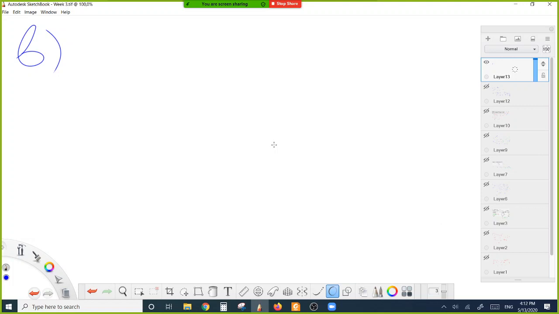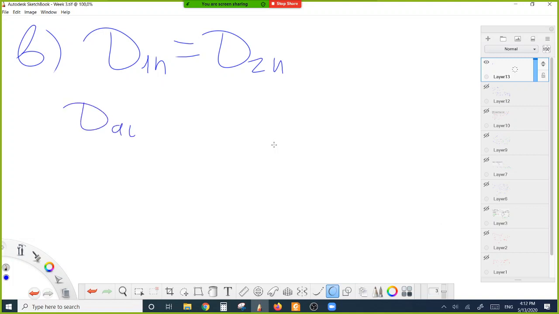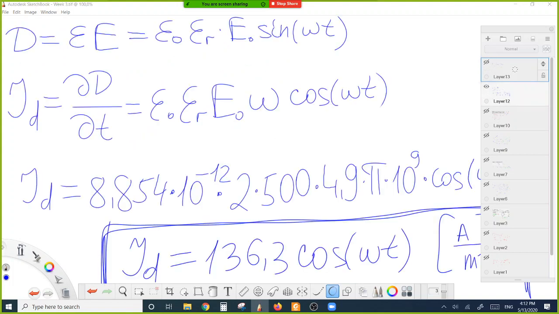Well, in the air, electric flux density D is the same as in the dielectric. So it comes from D1N equal to D2N. So the D in air is the same as before, as we found D for the dielectric here.